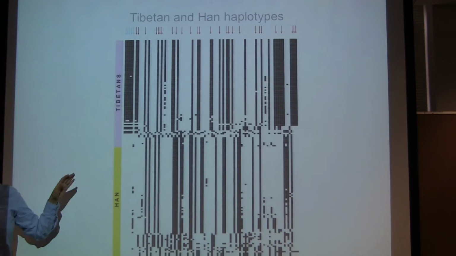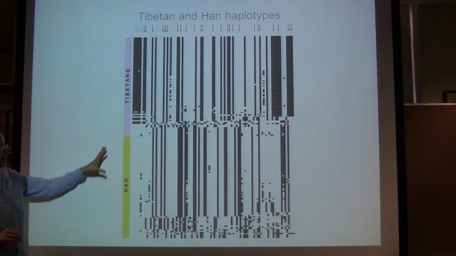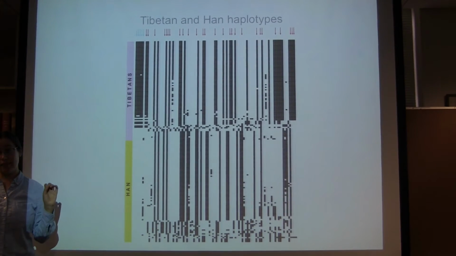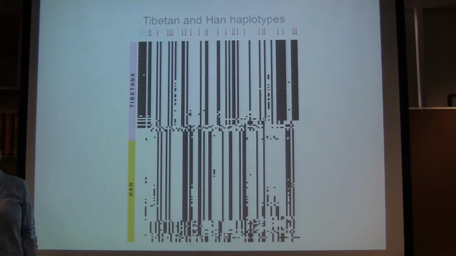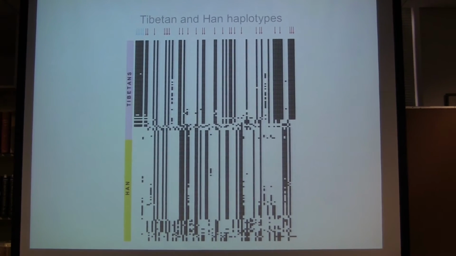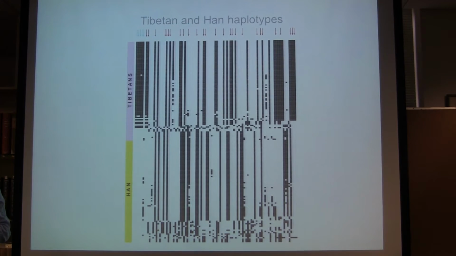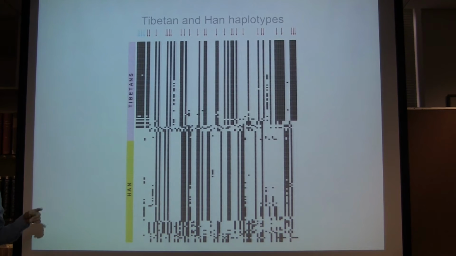Each row here is a haplotype, and the first 80 rows are the Han haplotypes, and the top 80 rows are the Tibetan haplotypes. Each column is a SNP, and here I have removed rare SNPs in both populations, or high-frequency SNPs in both populations.